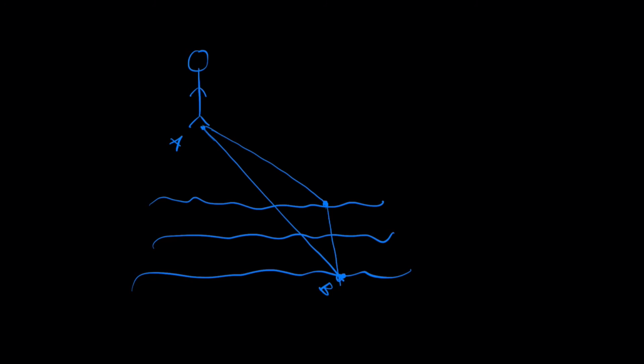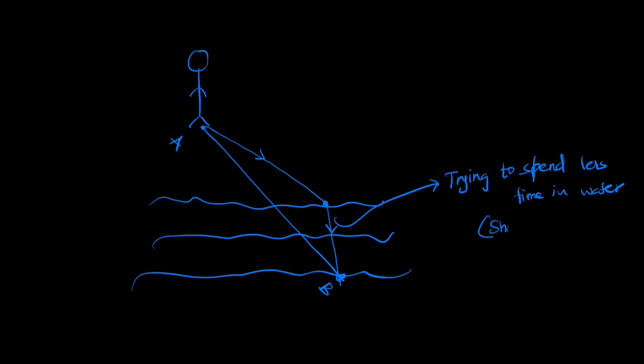Notice that second path here. What are we trying to do in the second path? We are trying to spend less time in water. The reason we are trying to spend less time in water is because it takes the shortest time.